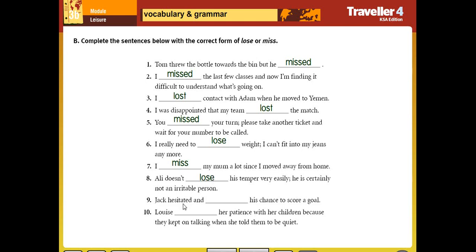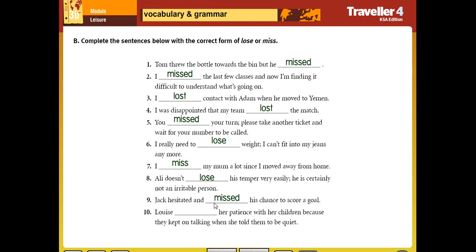Jack hesitated. He had some hesitation. And his chance to score a goal. You see when the player hesitates in front of the goal and loses the opportunity, he missed the chance, or missed his chance. Louise her patience with her children because they kept on talking when she told them to be quiet.